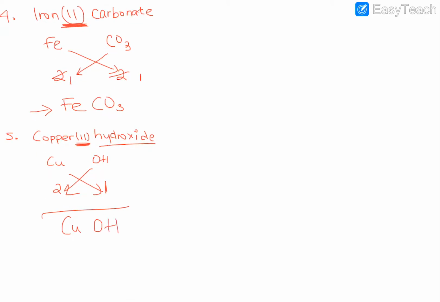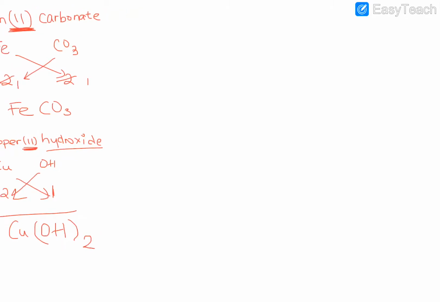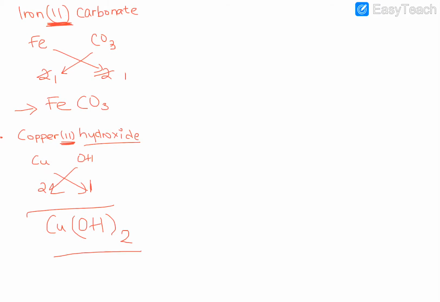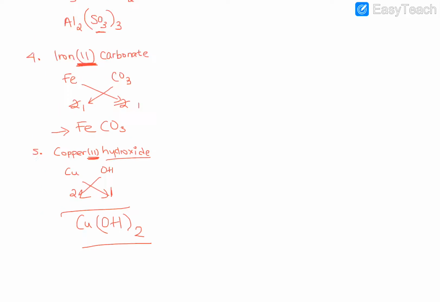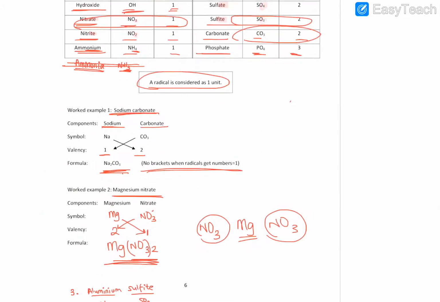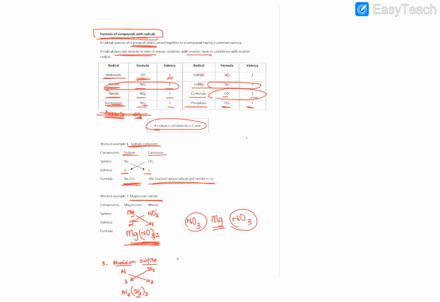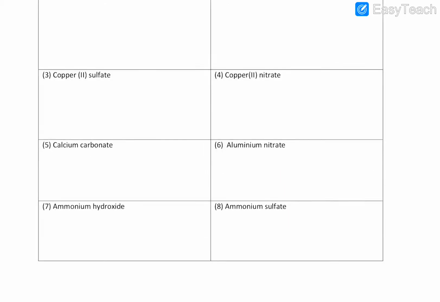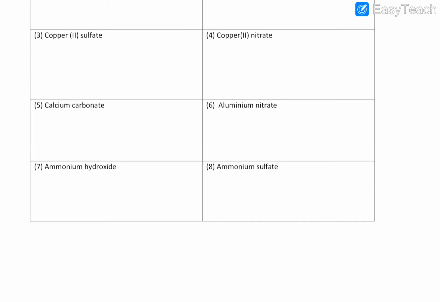So OH, but I'm going to use brackets, a pair of brackets, because OH is a radical. So whenever you have a radical and that radical gets a number greater than 1, you're going to use brackets. So then the formula is Cu(OH)2, right? So this is for writing a formula of compounds with radicals in them. You are now going to work out these questions in your copybook.